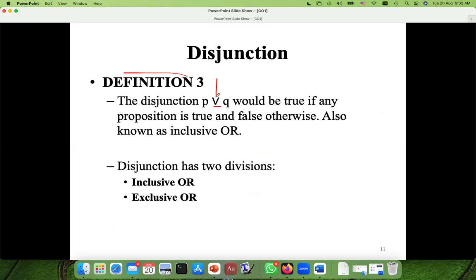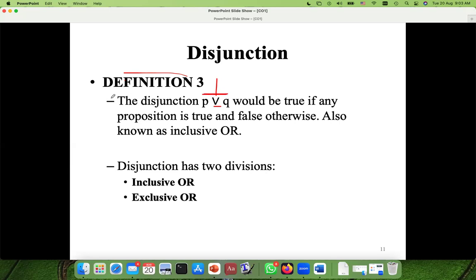You can use this symbol between the two propositions like that, P or Q. We call this symbol "or", P or Q, or you can call it P disjunction Q, but disjunction is lengthy, so it is not a short pronunciation. P or Q is the short pronunciation.